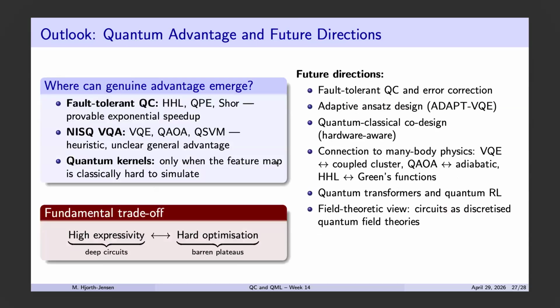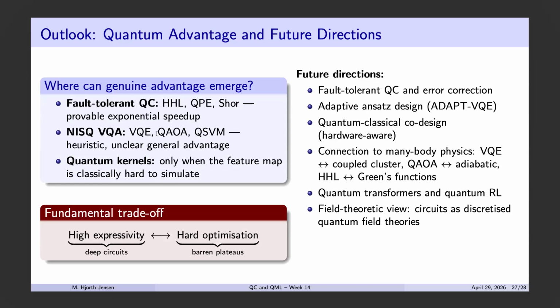So, advantages and future directions which the field is going into. The HHL and the QPE depend a lot on the decoherence and coherence properties of a quantum mechanical state. When we look at noisy intermediate-scale quantum computers, the VQE and others are variational quantum approximations.